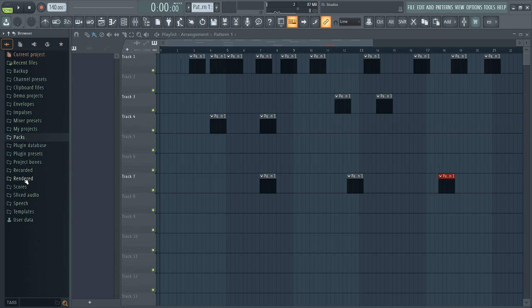What are the 4 stages in music production? Question number 3. Explain the 4 stages in music production. Question number 4. What are the 5 main sections in any digital audio workstation? Because I taught you. Remember, I showed you your playlist, your event column. I'm just giving you hints.